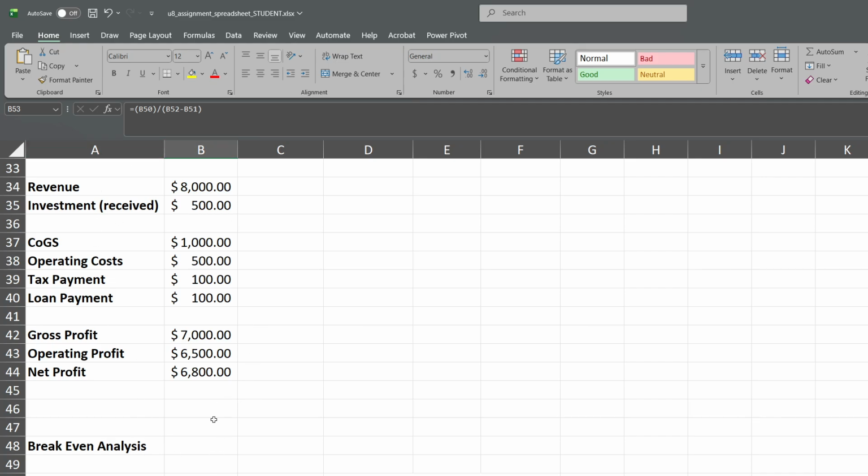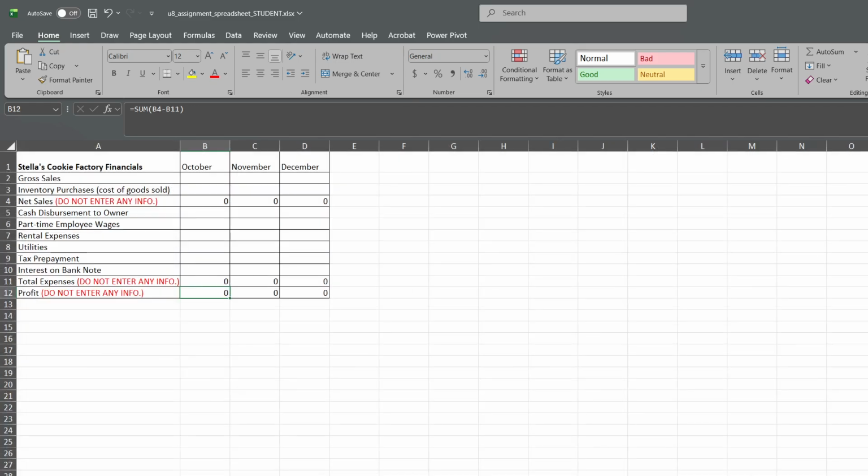Now, with everything you learned here, when you get to Stella's Financials, which is named funny, let me fix that. Financials. Okay. When you input this data, what you're going to see, I'm not going to put the exact amount in it, but I'm going to put something like 12,500, and I'm going to put 10,000, right?